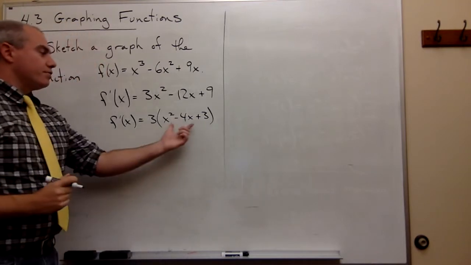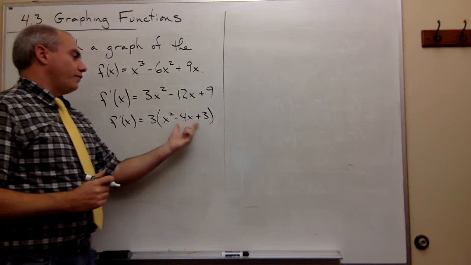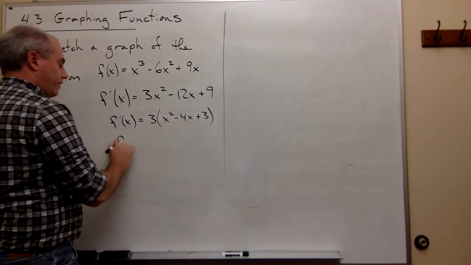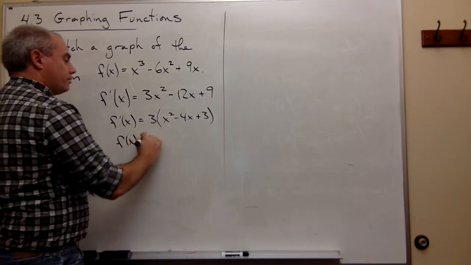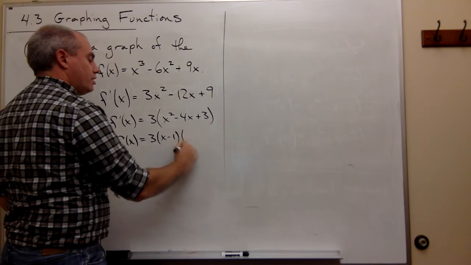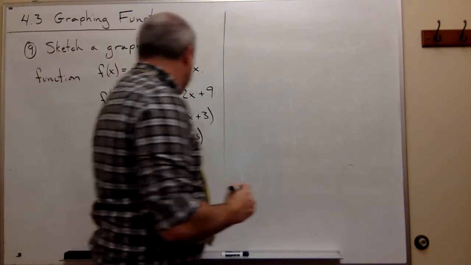The reason I do this factoring is I'm wanting to find the critical points of the first derivative. So I could factor this, and if I do, I get f prime of x is equal to 3 times x minus 1 times x minus 3.